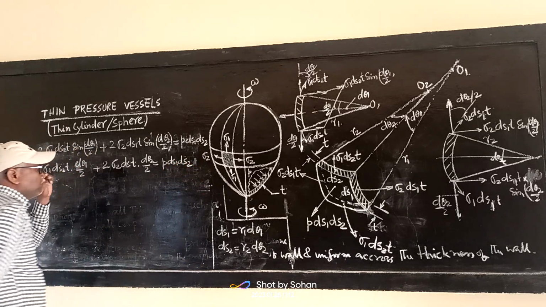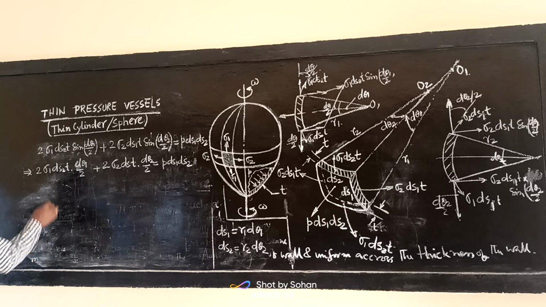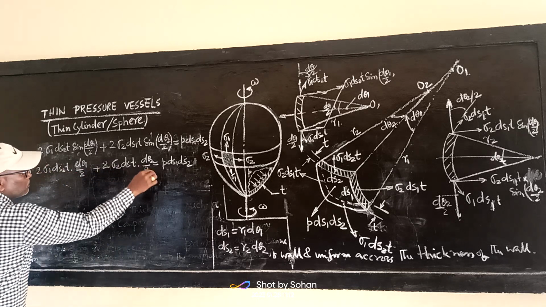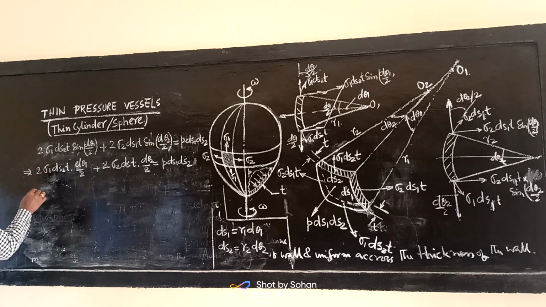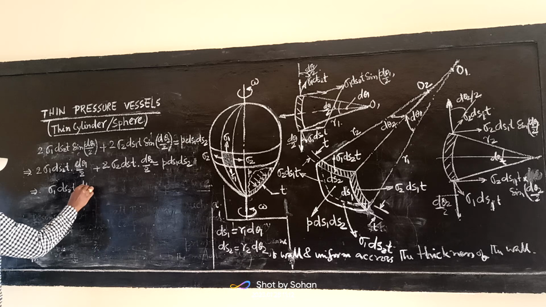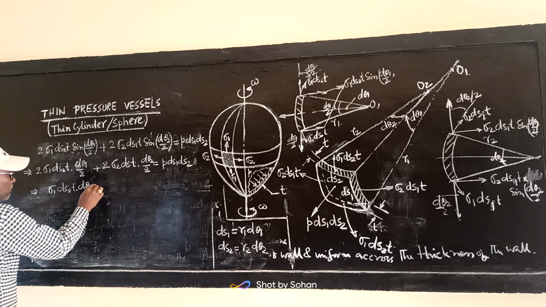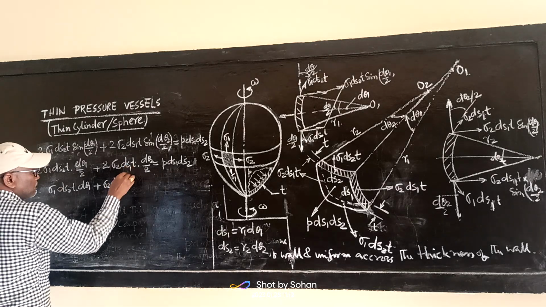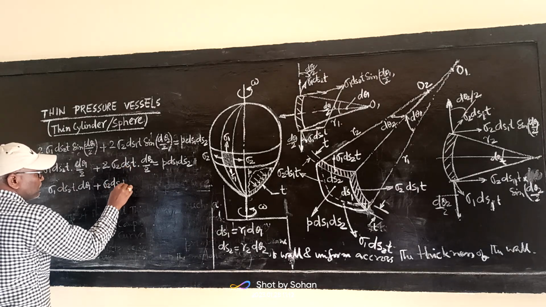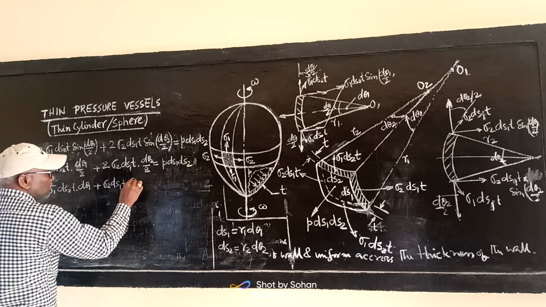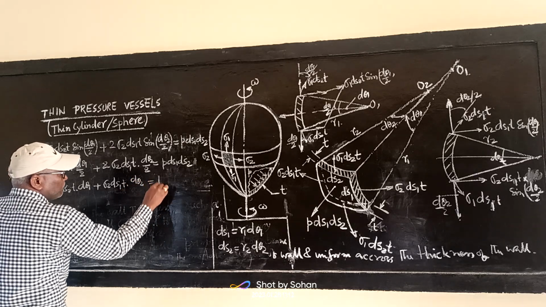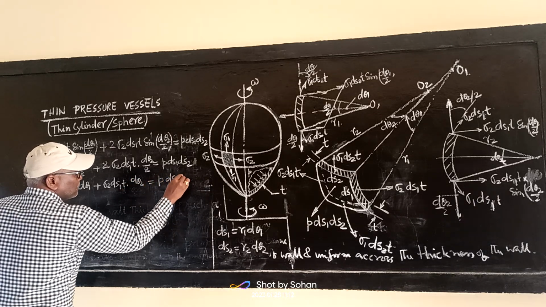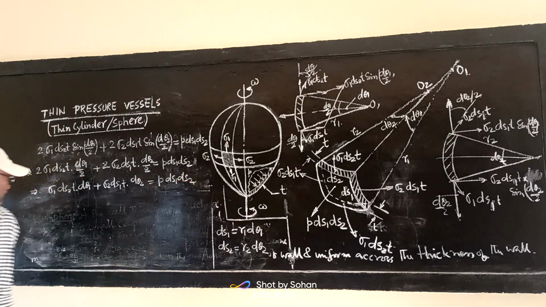Now the 2s cancel out. So the result will be sigma 1 ds2 t d theta 1 plus sigma 2 ds1 t d theta 2 is equal to p ds1 ds2.